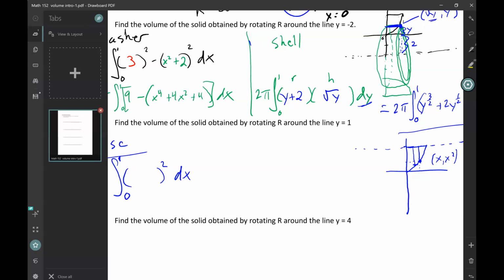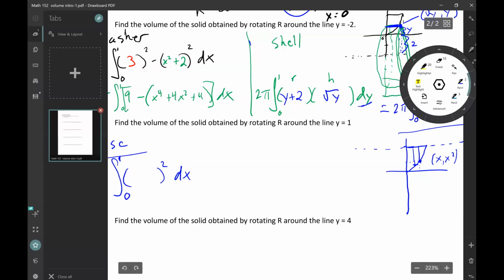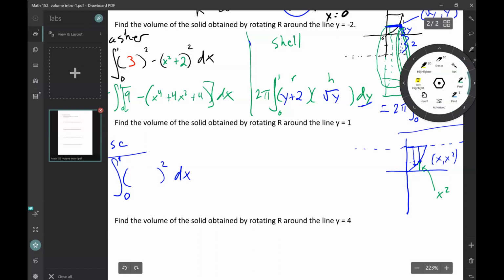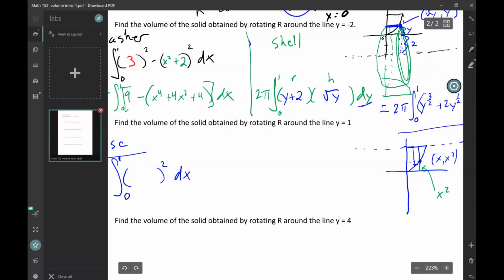So notice this is always the hardest one for people to visualize. So let me bring in some extra color here. So that line right there is x squared, because that's the distance that represents the y coordinate. Okay? And then if we do a different color, like red, this whole distance here we know is 1, right?